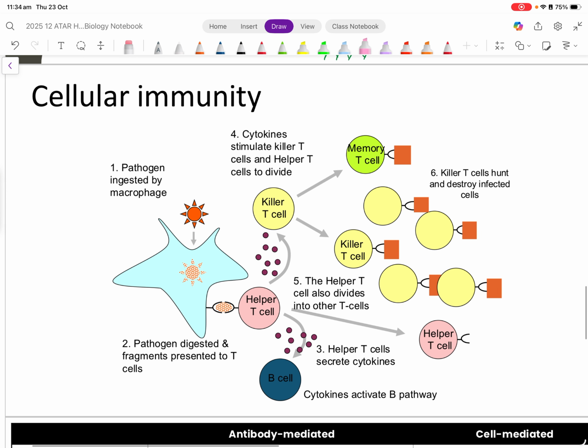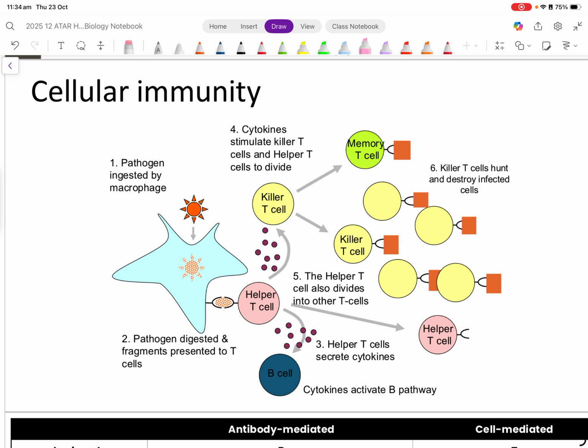So when we're looking at cellular immunity overall, this is a very quick summary of everything that's taking place. So number one, the pathogen is ingested by a macrophage, and we have this pathogen being digested and fragments of it appearing on the surface of that particular macrophage. So this becoming, in essence, an antigen-presenting cell. Now, from here, we can have our third option here in some cases, where helper T cells will secrete cytokines, and that might lead to cytokines activating a B cell pathway.